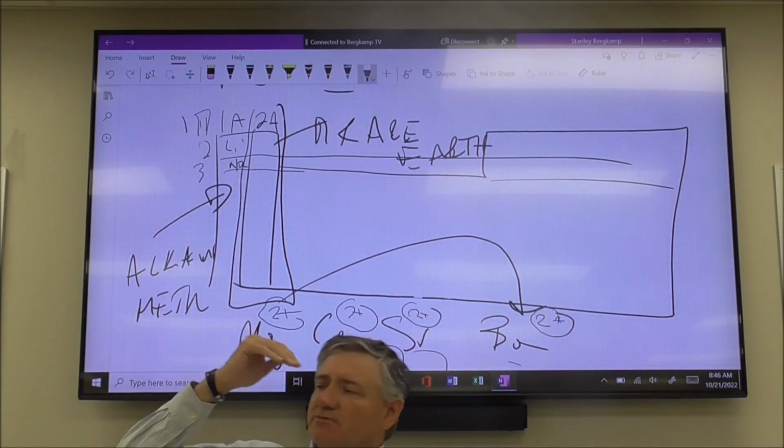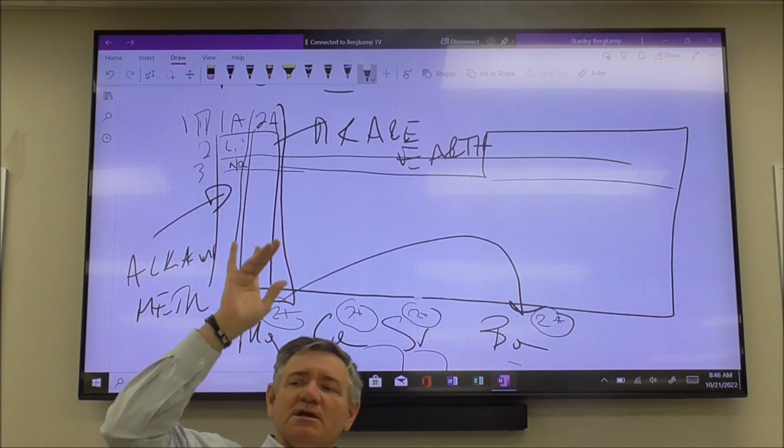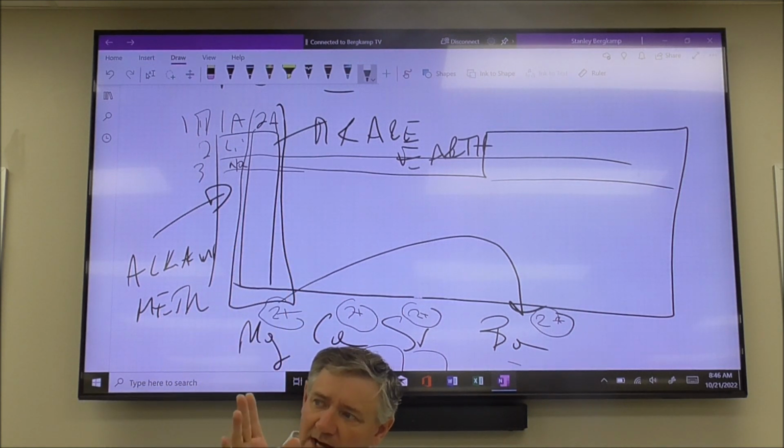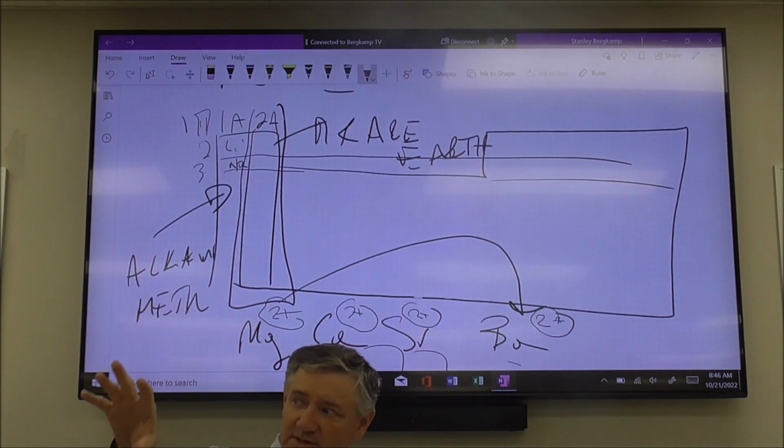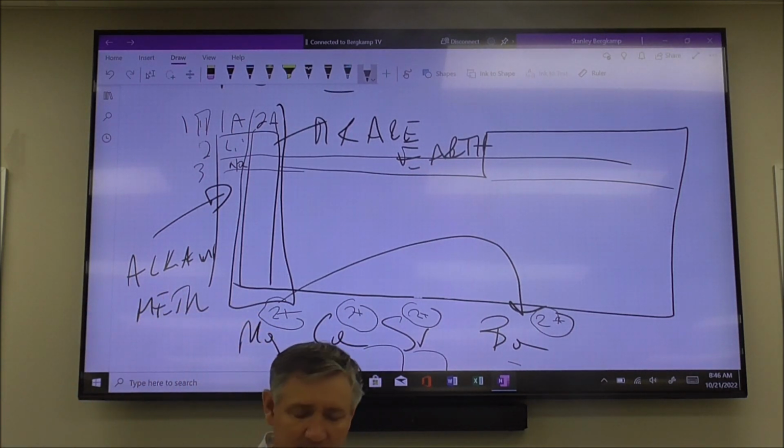So here's the reason that we chose these particular elements: you can make comparisons going up and down, and you can make comparisons going across. That's why we chose these elements for this lab, okay?